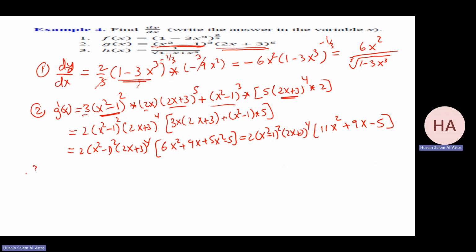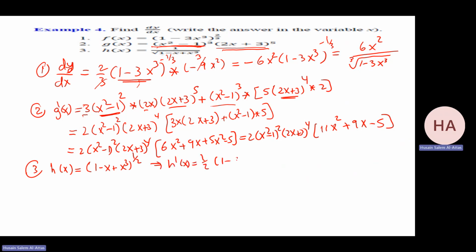Yes. Number 3 is what? H of x, I can rewrite it as a power. It's 1 minus x plus x cubed to the power half. So it will be h prime of x.